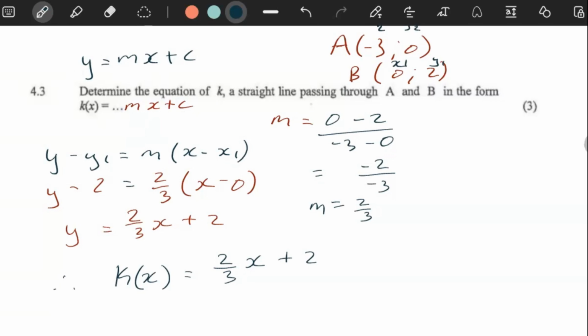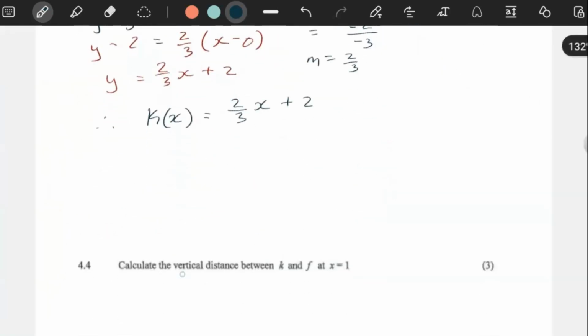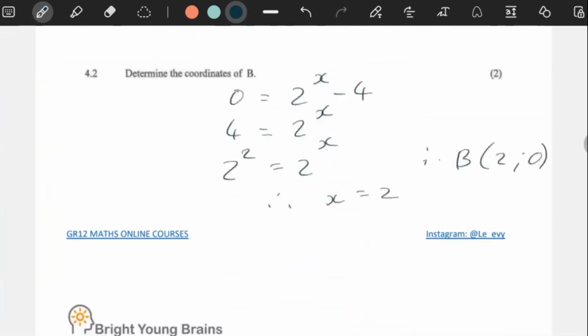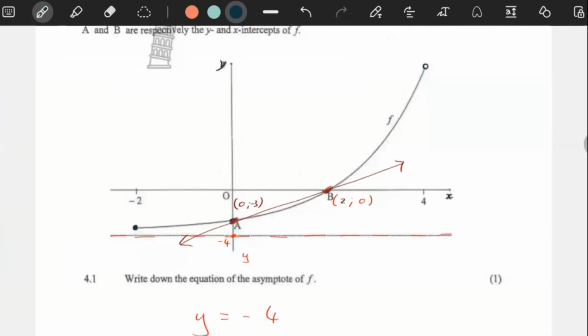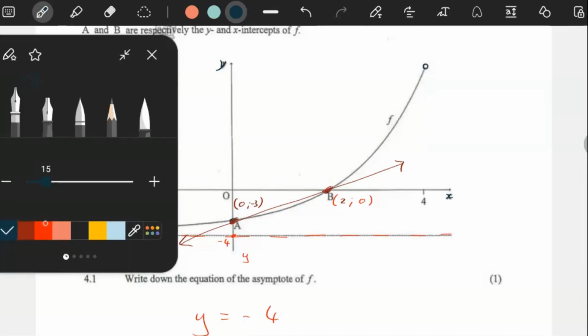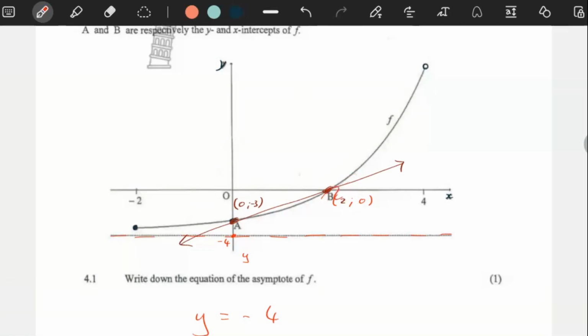So that's 3 marks. 4.4 says calculate the vertical distance between k and f, where x is a 1. What that means is this is the graph of f, this is the graph of k. Now, where x is a 1, remember this is a 2 here, so x is a 1 somewhere here.